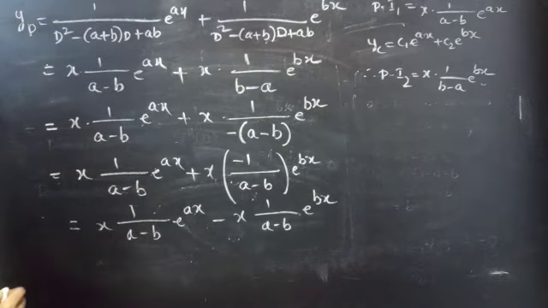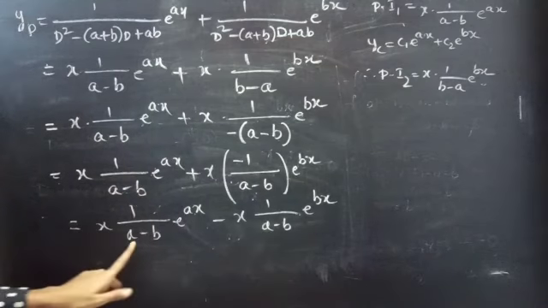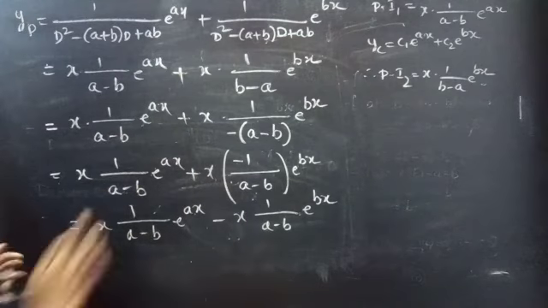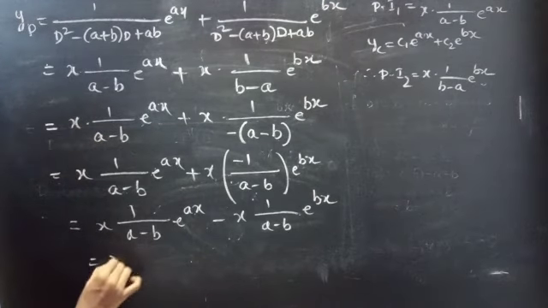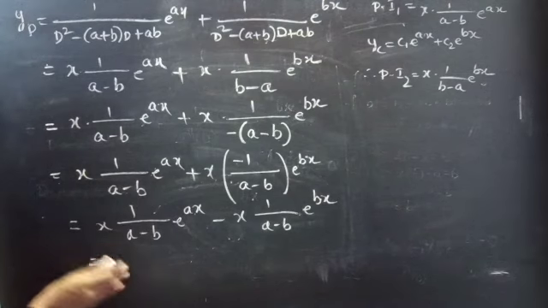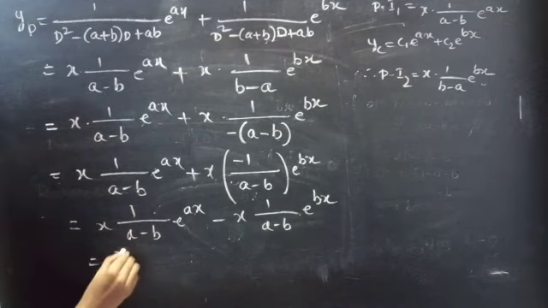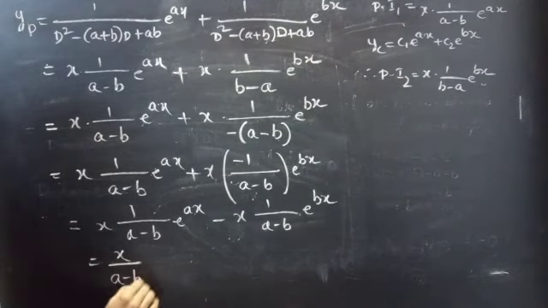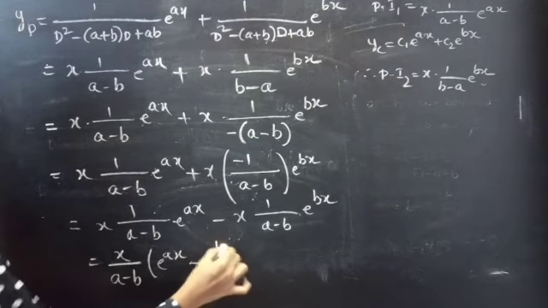So you can find common terms in both terms. You have x by a minus b common in both the terms. So let's take x by a minus b common from these two terms. You will get x by a minus b into e power ax minus e power bx, right?